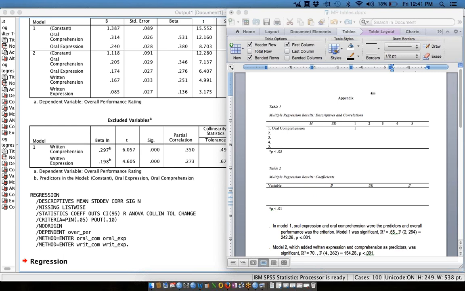Natasha? For table 2, you said include the confidence intervals. Do we also need to include the p-values, the significance, or no? Great question, Natasha. You actually do not have a p-value column in this APA table. You just flag it, similar to the correlation table, with an asterisk or a star.